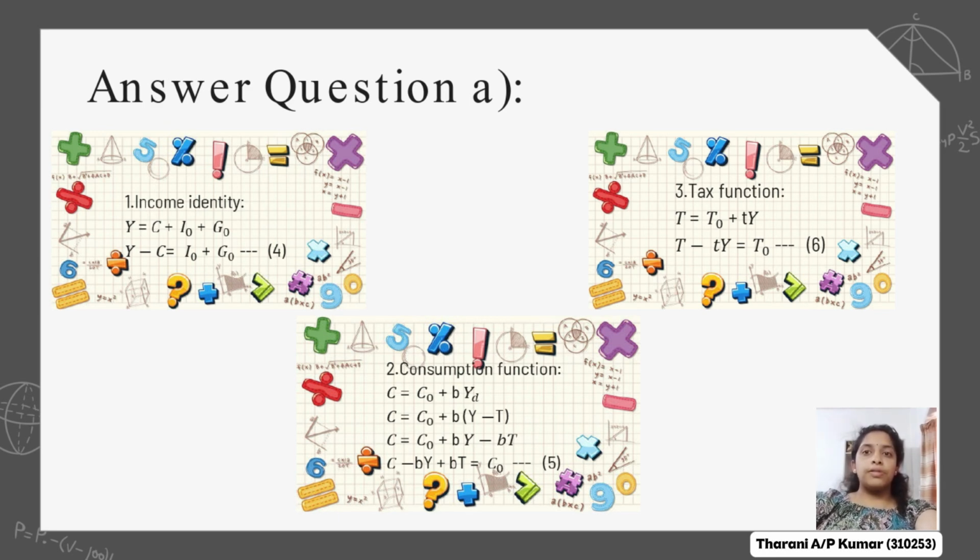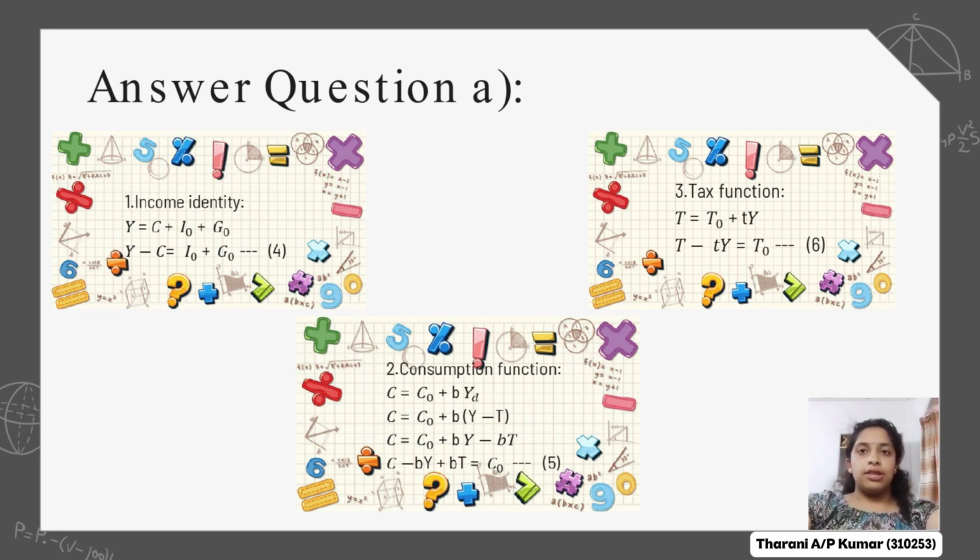So, I substitute Y sub D with Y minus T. Now, the equation becomes C equals C sub 0 plus BY minus BT. Next, I arrange the equation by bringing all variables to the left-hand side. So, it becomes C minus BY plus BT equals C sub 0.